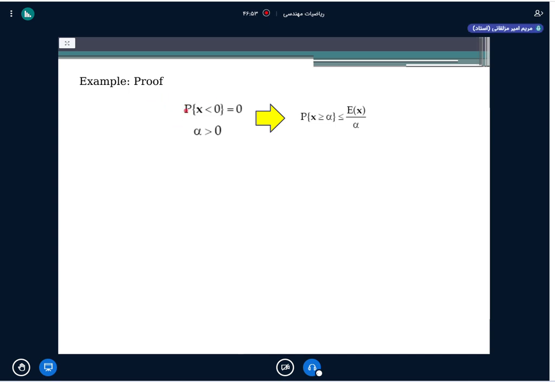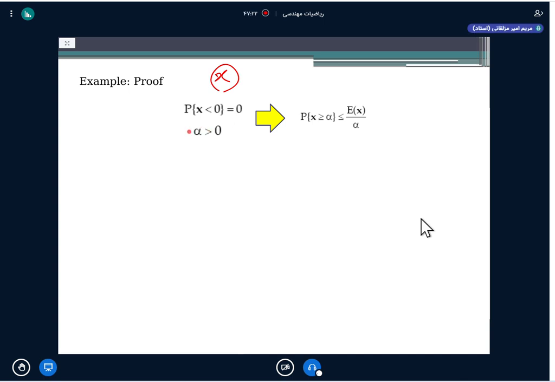Let's see an example. This example says we have a random variable x. We know that the probability that x is less than 0 is equal to 0.